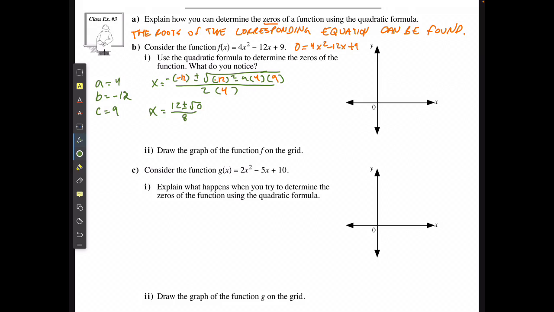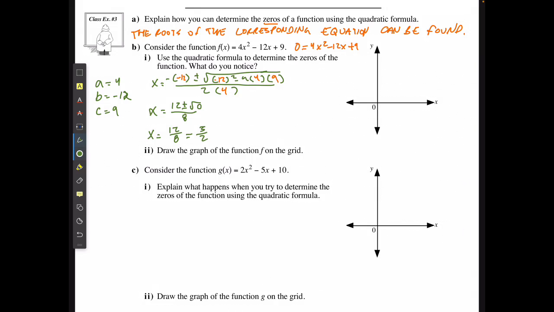And the interesting thing here is the positive square root of 0 is 0. The negative square root of 0 is 0, so there's actually only one possibility. It doesn't matter if it's positive or negative. X is still just going to equal 12 over 8, or 3 over 2.